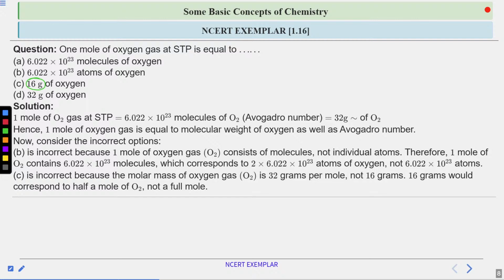So this is the mass of 1 mole of oxygen atom, or you can also say it is the mass of half mole of oxygen molecule, because in half mole of oxygen molecule we will have 1 mole of oxygen atoms, since half means 1 by 2. So for that reason we can say that this is also incorrect. These two options are related to atoms and not the molecules.